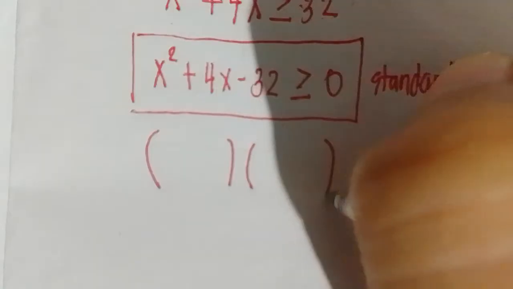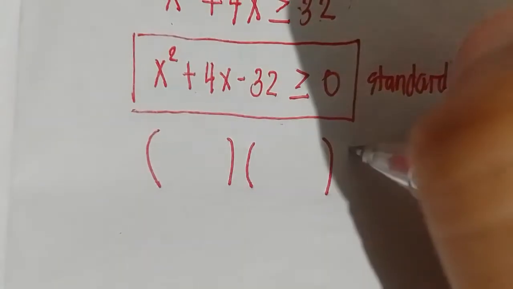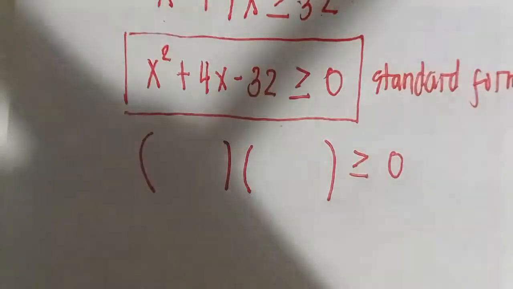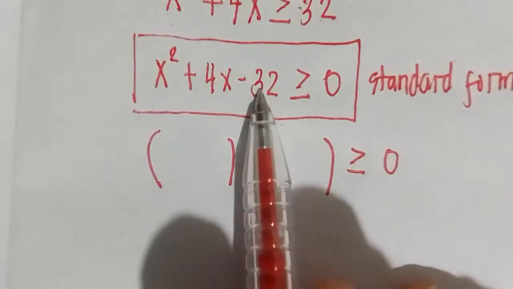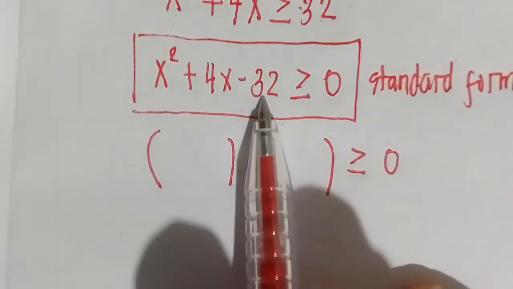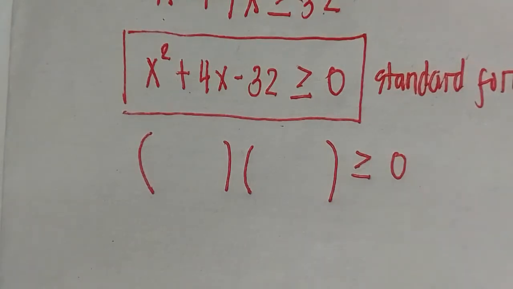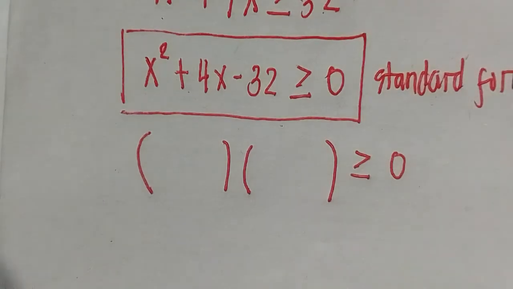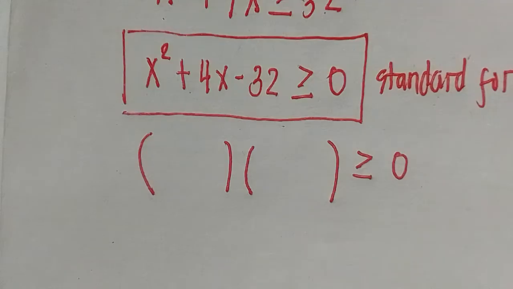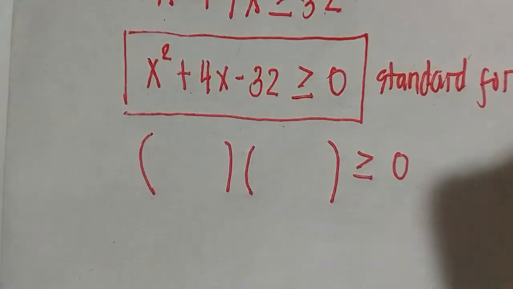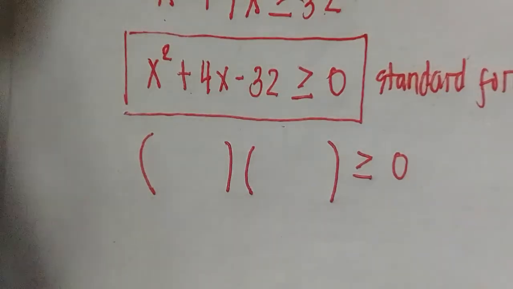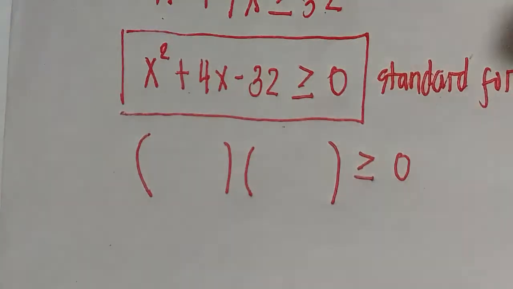So, in factored form, make two parentheses following the sign greater than or equal to 0. Since it is negative 32, we expect the signs of the two factors to be different, because a product is negative only when the signs differ: positive times negative is negative, or negative times positive is still negative.